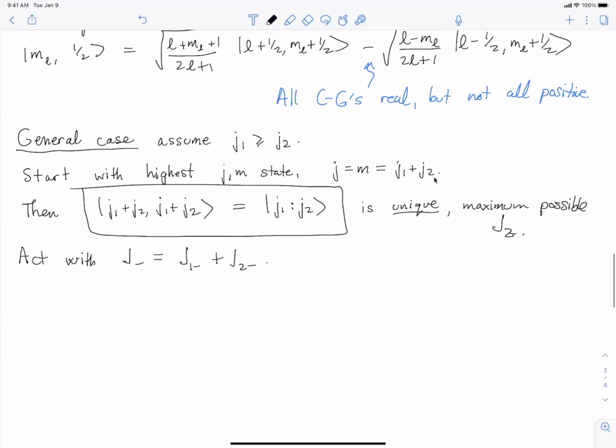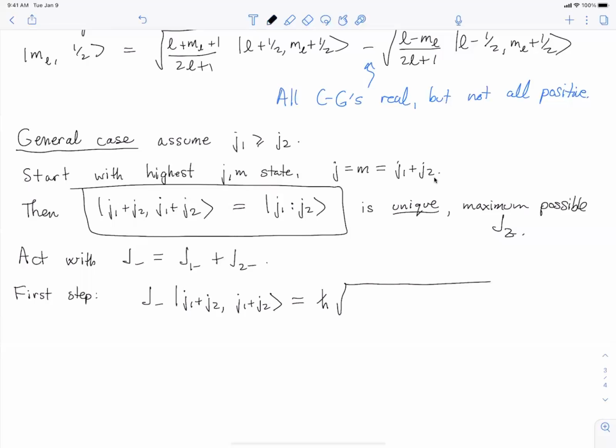In the first step, we act with it on the left side. We have a formula that tells us what J minus does to angular momentum eigenstates. It's got an h bar, and it's got this square root.